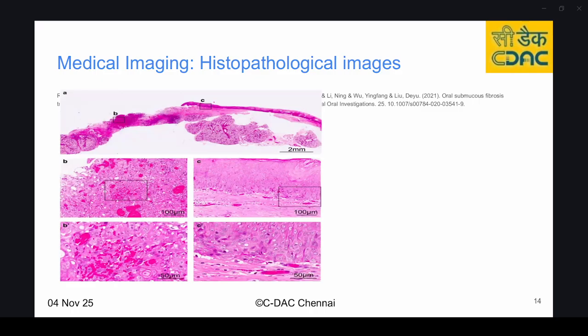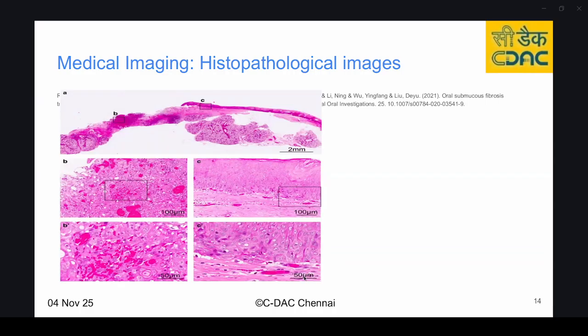There the challenge is we put a cell inside a slide and put it under the microscope. If you have done your biology lab, you might have been turning the knob of the microscope to zoom in and zoom out the images. So what you see at a 2 millimeter zoom is not the same as what you see at a 100 micrometer zoom or 50 micrometer zoom.